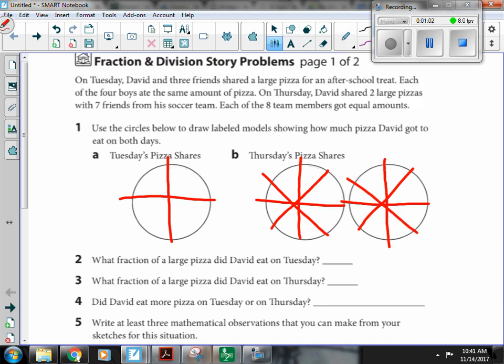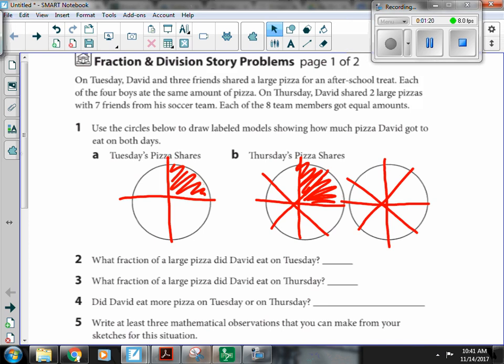And on Tuesday, David got 1 piece. On Thursday, they get 1 piece from this one and 1 piece from each pizza, so they would get 2 pieces. So I'm actually going to shade 2 pieces.